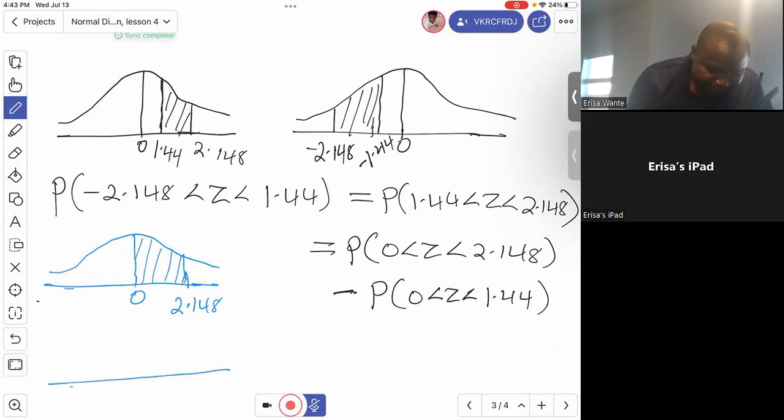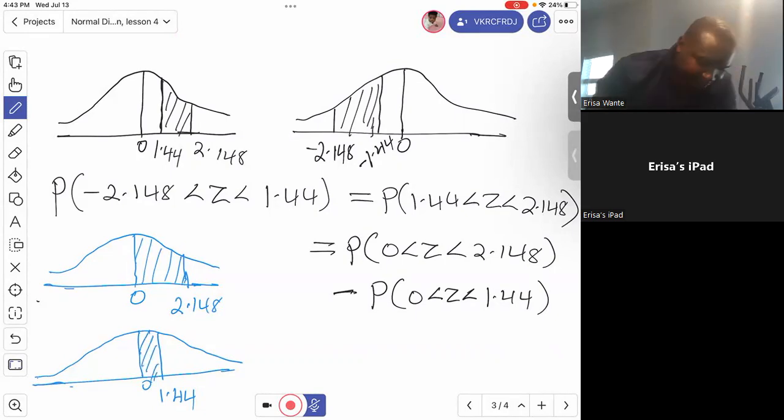Then I also have another normal curve right here, and this is the 0 line. Then this is 1.44. So the table can also read the probability from 0 up to 1.44.